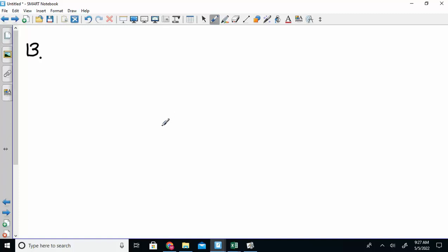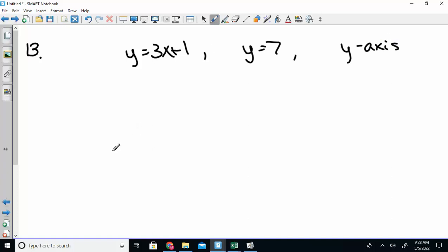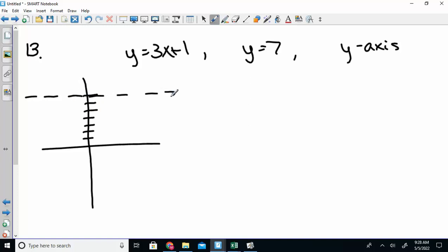Number 13. I want the area of the region bounded by the graphs y equals 3x plus 1, y equals 7, and the y-axis. All right, so the y-axis is this vertical line. y equals 7 is a horizontal line at 7. y equals 3x plus 1.